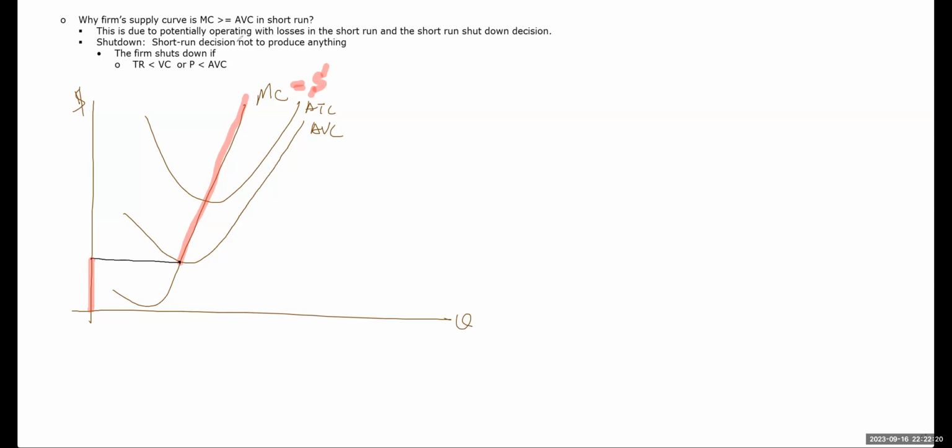So for a firm, if the price is in this region here, above this point right here, I'm going to put P lower bar right there. So as long as the price is in this region right here, the firm will produce, and they're going to produce in accordance with the marginal cost curve. How do I know? Well, let's just pick a price right there. Remember, that's marginal revenue.